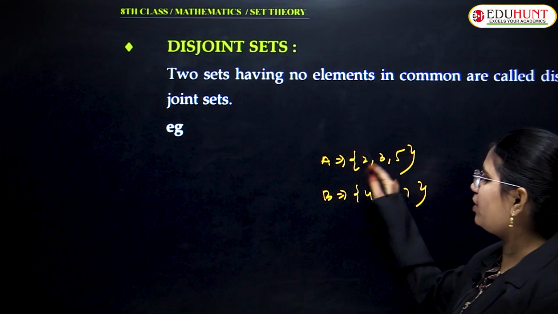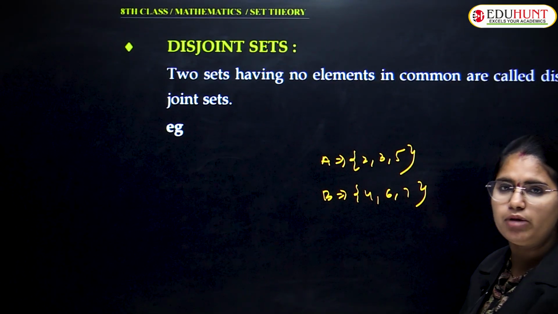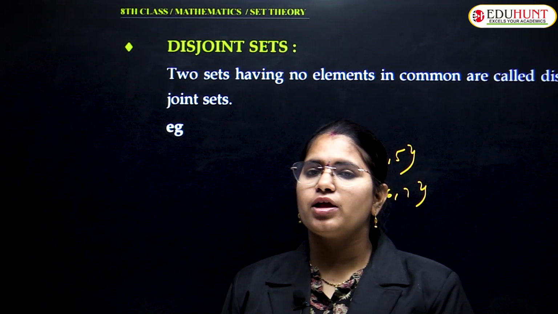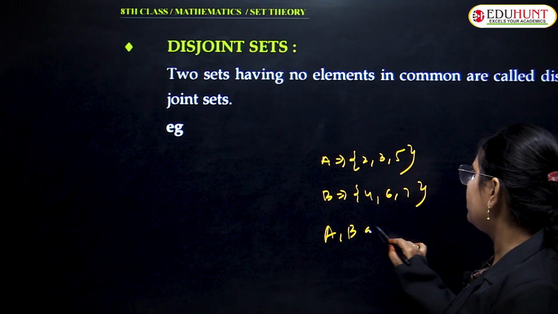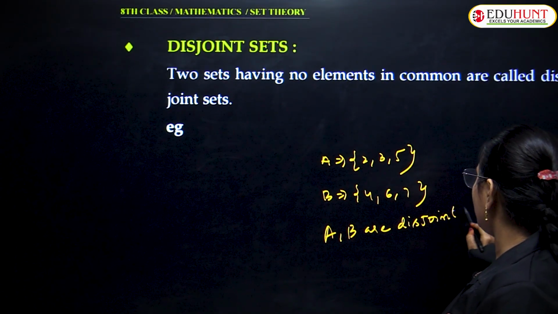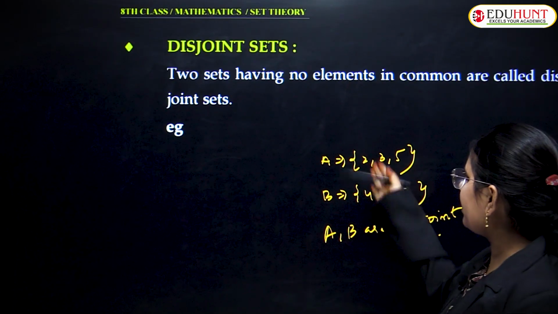Can you find any common element over here? No. If you don't find any common element, in that case we can say that both sets A and B are disjoint sets. Am I clear? So this is the example.